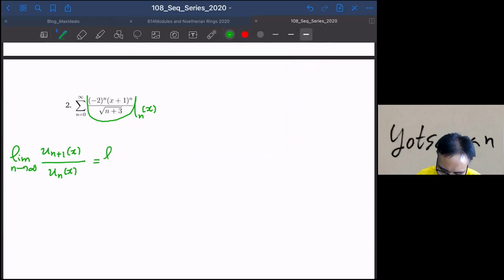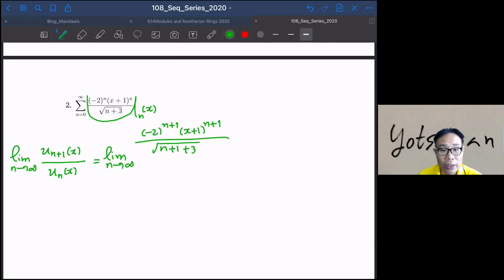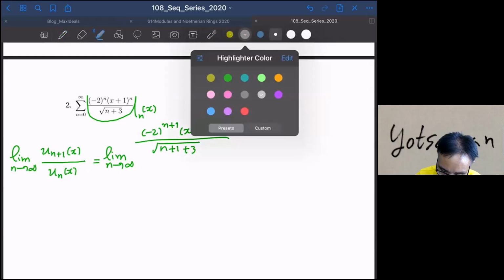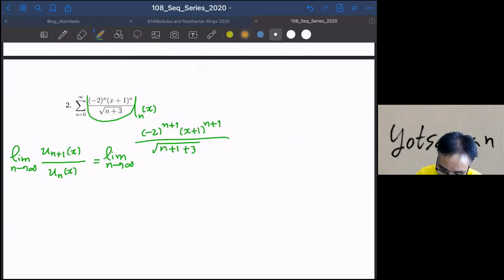So you have the limit as n goes to infinity of (-2)^{n+1} (x+1)^{n+1} over square root of (n+1)+3. You see that we have 3 places changing to n plus 1: n plus 1, n plus 1, and n plus 1.